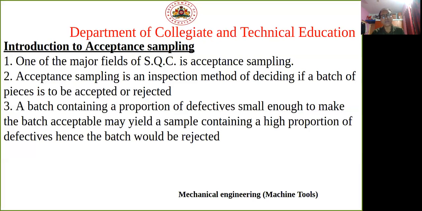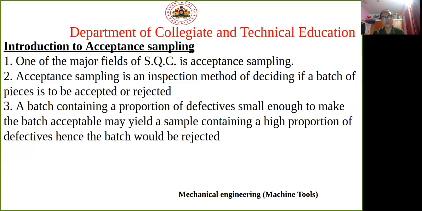Acceptance sampling is an inspection method. It is basically an improved version of the inspection method for deciding whether a batch of pieces is to be accepted or rejected. It is not 100% inspection.